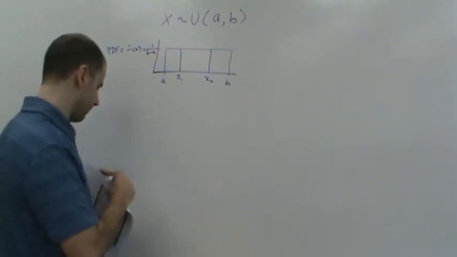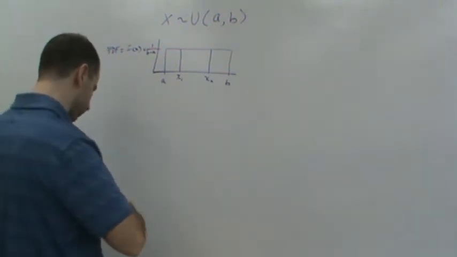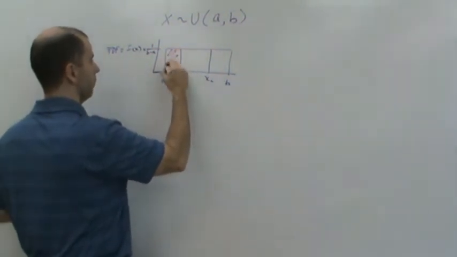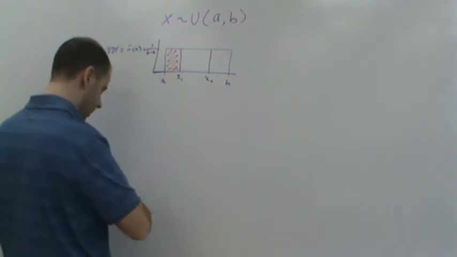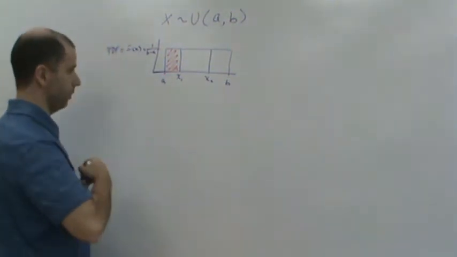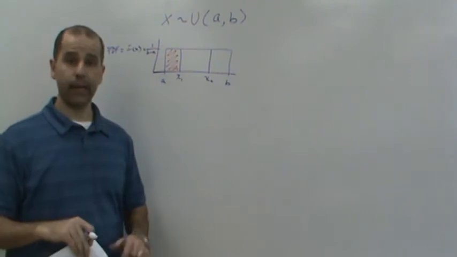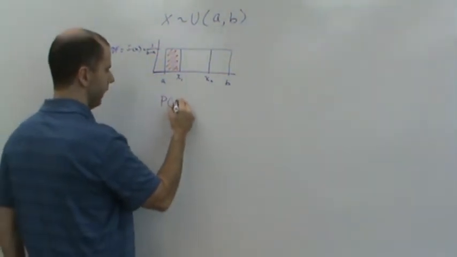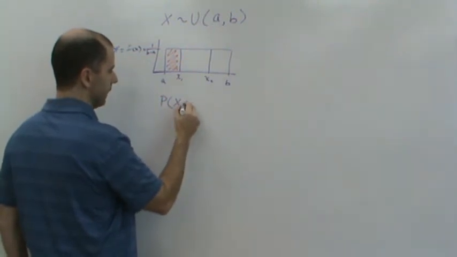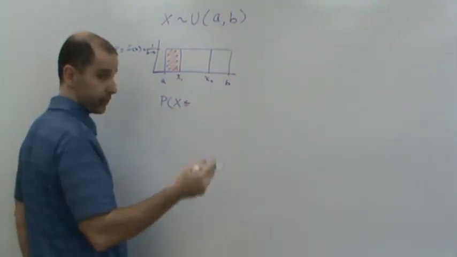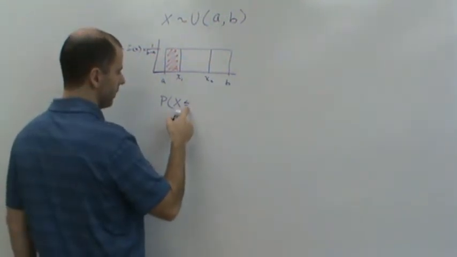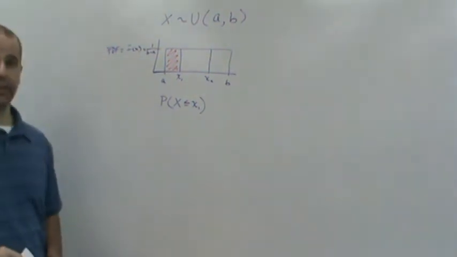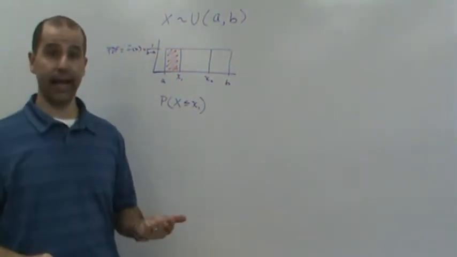So now let's say I want the probability of being less than x1. So that's the area I want. If I want the probability that x is less than or equal to x1, it doesn't matter, all I need is to find the base and the height of that rectangle.